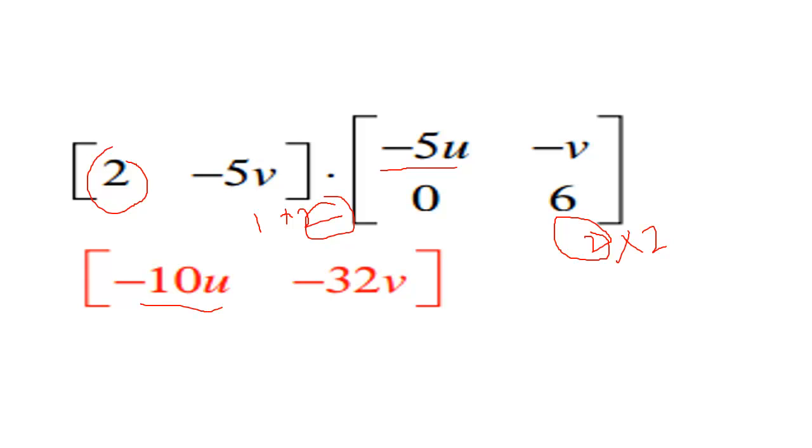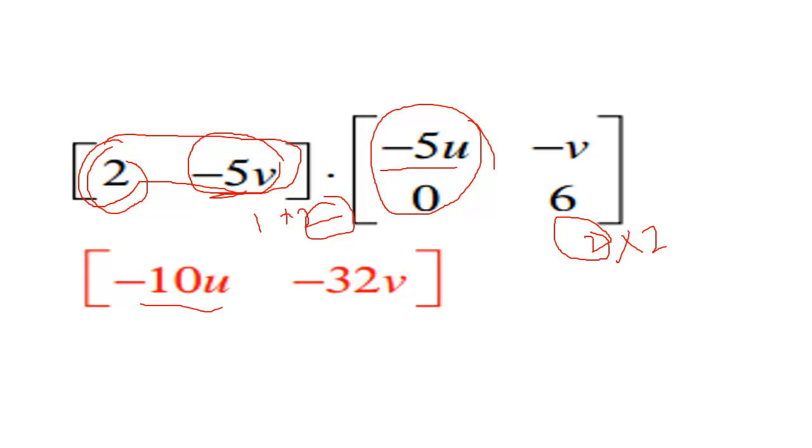Again, we multiply the first row times the first column. 2 times the first number is negative 10u, and the second number times the second number in the column is 0. So it is only negative 10u.